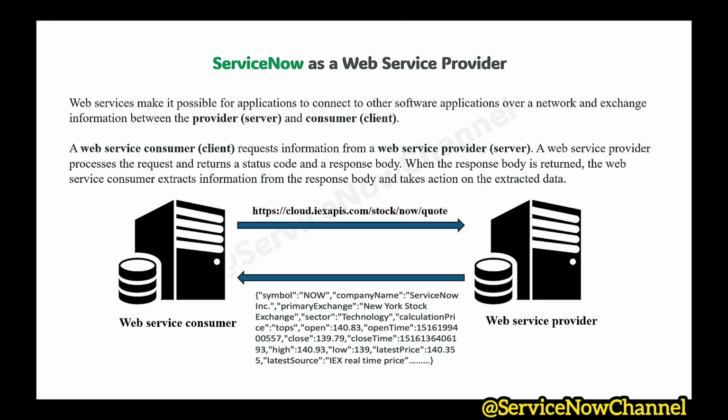Again, the provider processes the request it gets from the consumer and sends the response body in JSON format. And now the web service consumer, after getting the response body, extracts it and takes action based on the extracted data. So this is the functionality of ServiceNow as a web service provider. And yeah, thank you.